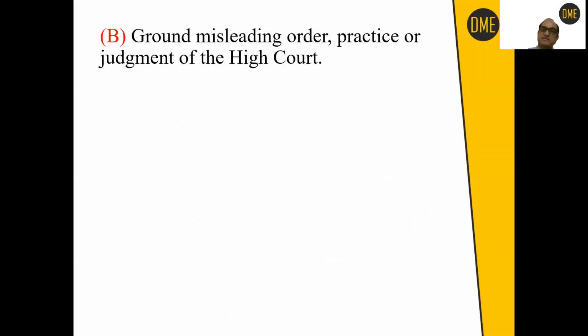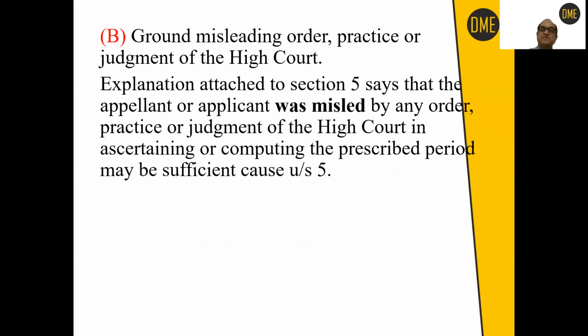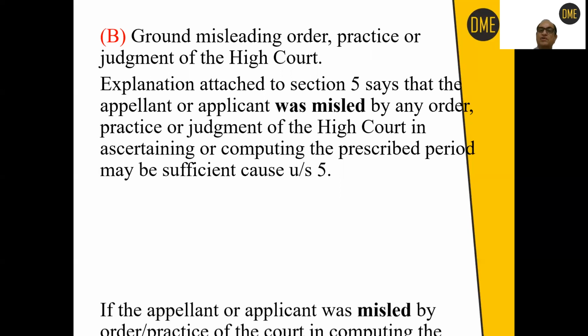Now in the section itself, an explanation has been added which says that if a party was misled by any order, practice or judgment of the High Court, then in such circumstances, if the party was misled by the order of the High Court while ascertaining or computing the period of limitation, then that misleading order may be a sufficient ground under section 5 for condonation of delay.